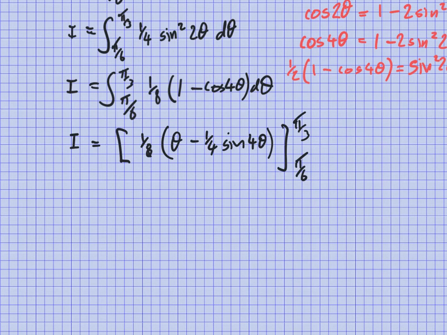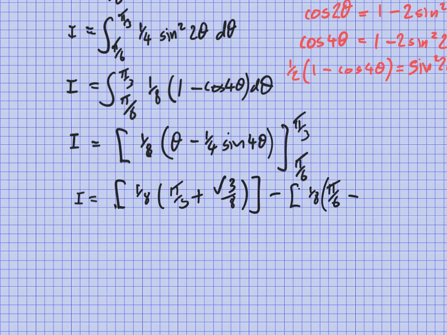Do the substitution and we get I equals 1/8 of theta minus a quarter sine 4 theta, so 4 pi by 3. That gives me minus root 3 over 2, but then times by a quarter. So we get plus root 3 over 8. Okay, and then minus, substitute in the pi by 6, we get 1/8 of pi by 6 minus, this time, root 3 over 8 again.